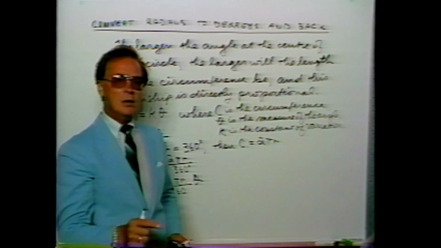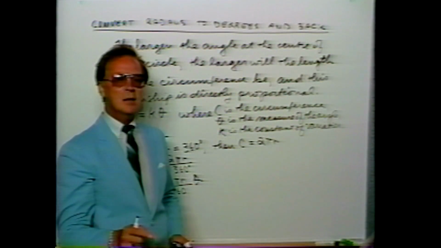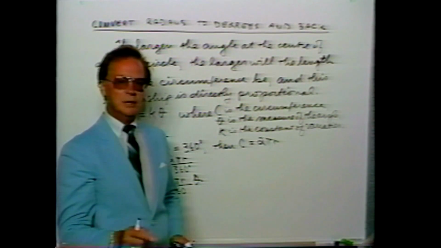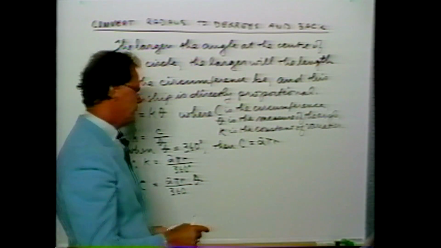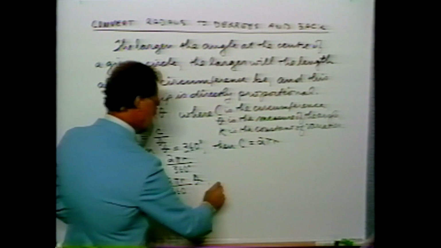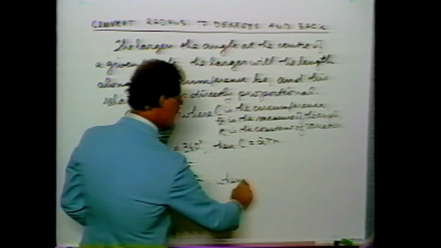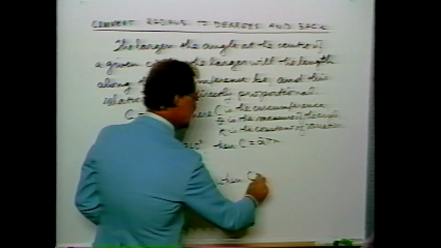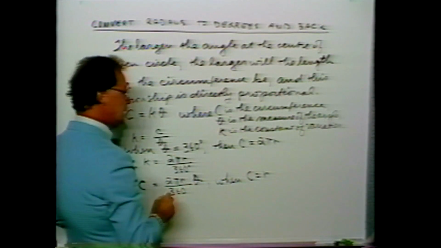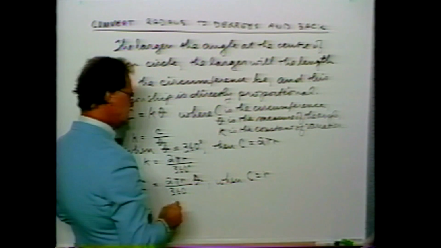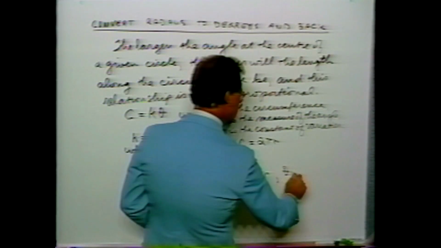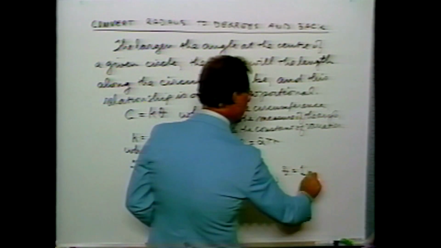Now, notice that when you have 1 radian at the center of the circle, the length of the arc along the circumference between the arms of this angle is also equal to the radius. So then, when C is equal to 1 radian r, or the radius, then theta is equal to 1 radian.